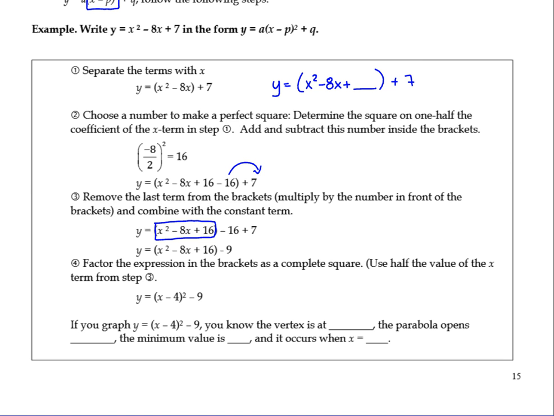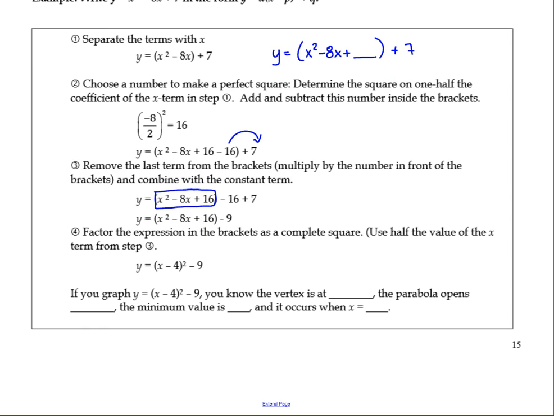So looking at this, would have a vertex of what? Positive or negative 4? Positive 4, and so you guys know, you just don't want to say anything. The parabola would open in this case up.